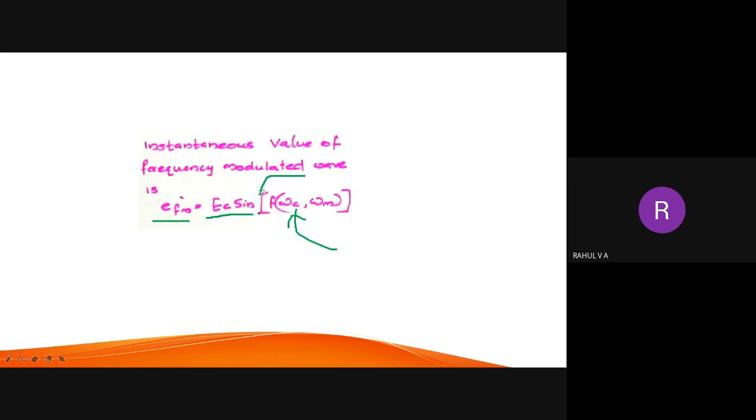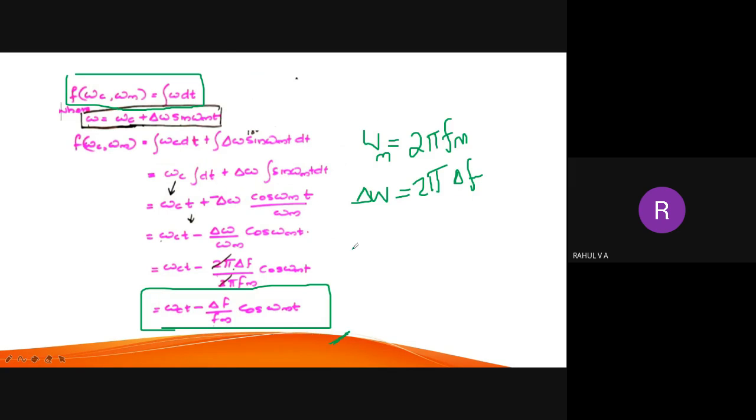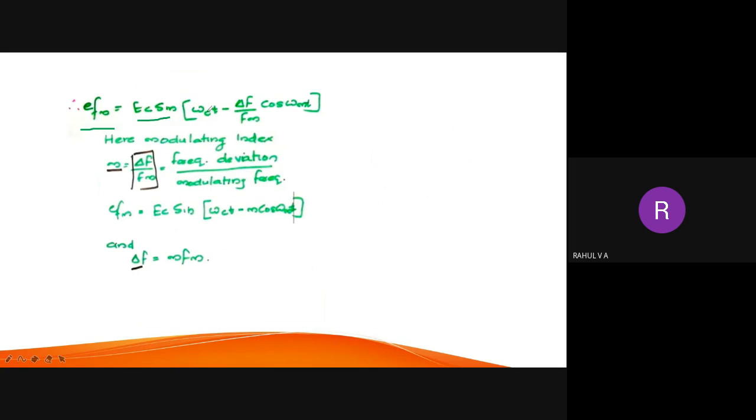Now instead of f of omega c comma omega m, I have to substitute this one. So I am writing the expression EFM is equal to EC sine of omega ct minus delta f divided by fm cos omega mt.